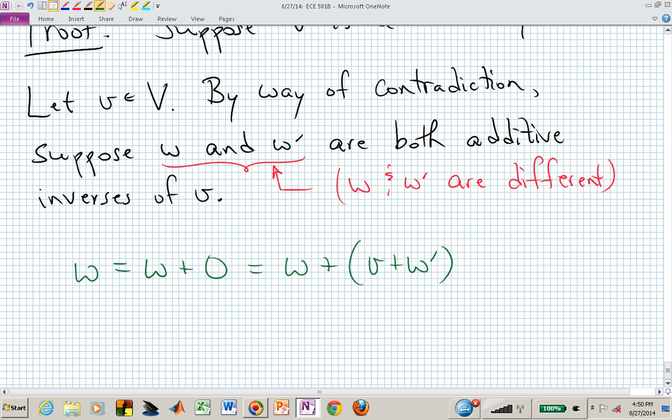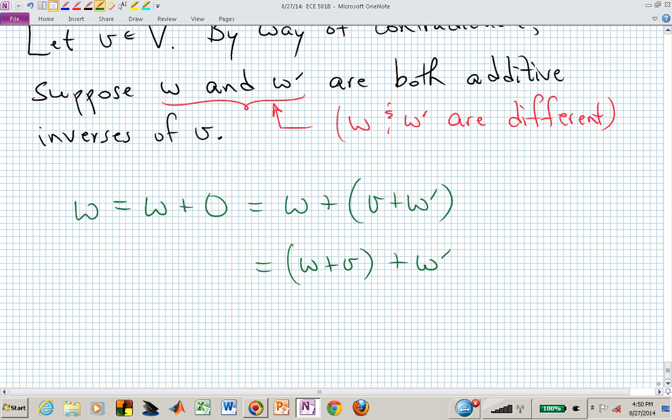But now we have this associative property, right? It doesn't matter how we associate the addition of these vectors. Let me add W plus V, and then add to that W prime. But what's W plus V by definition of W? The zero vector. But that's now W prime.